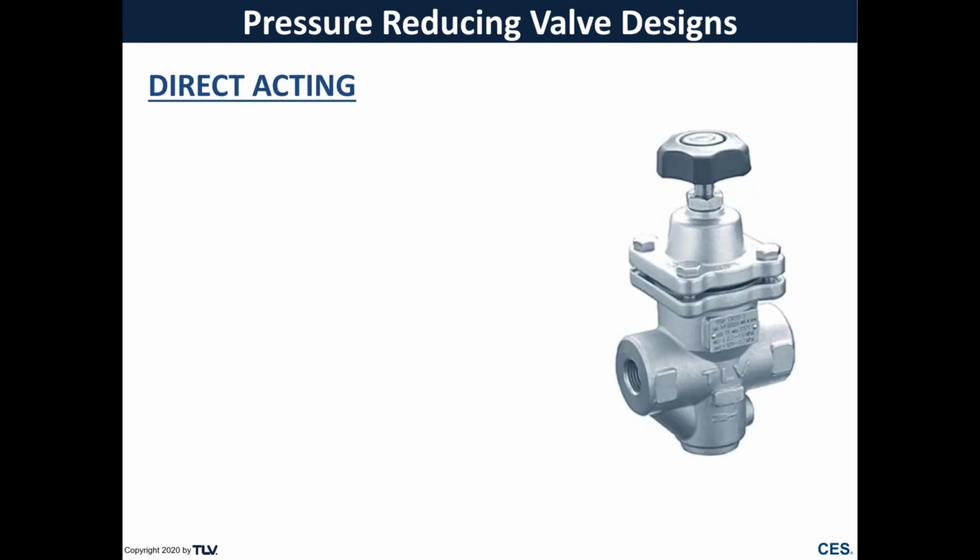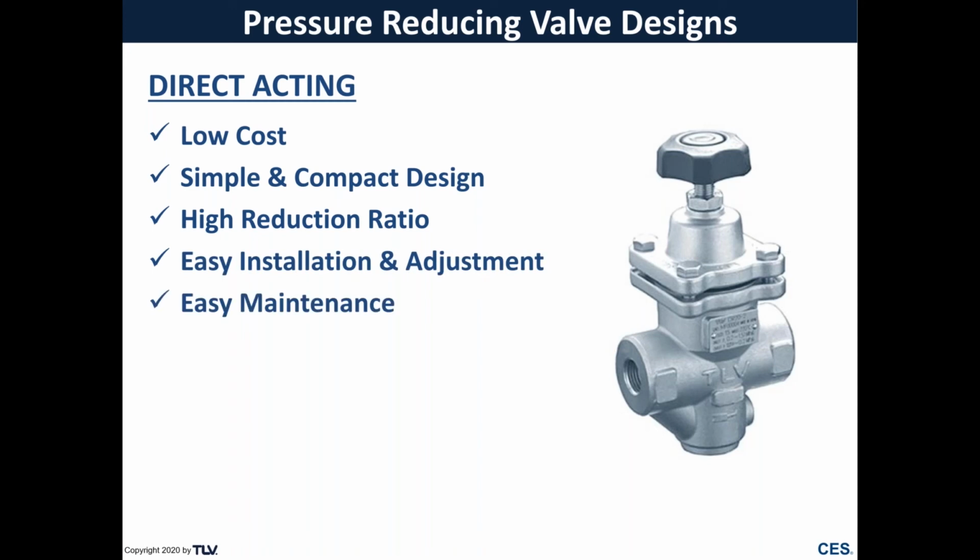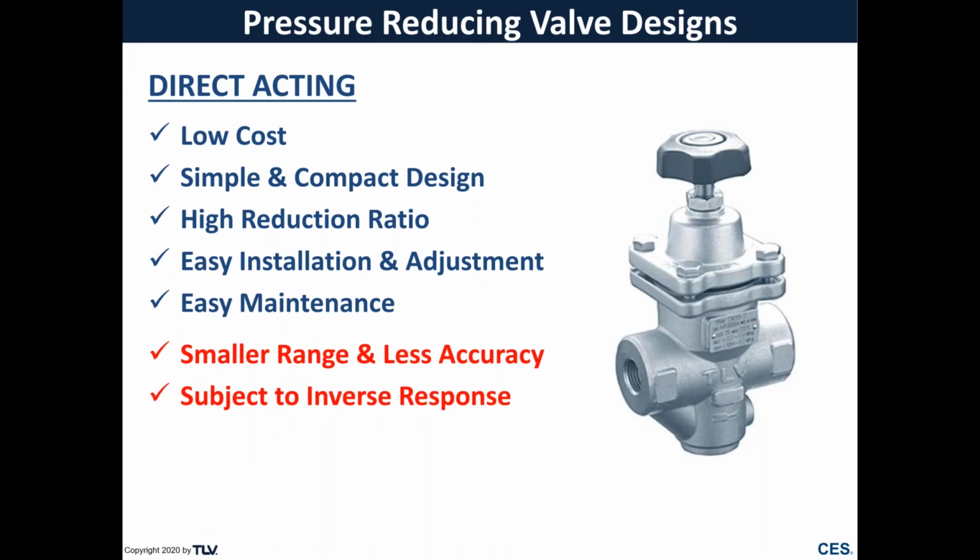The direct acting PRV offers a lower cost, a simple and compact design, a high pressure reduction or turn down ratio, easy to install and adjust pressure, and is easy to maintain when needed. However, it has a smaller capacity range with less accuracy than pilot-operated PRVs, is subject to inverse response, and is generally recommended for applications that only require approximate pressure control.